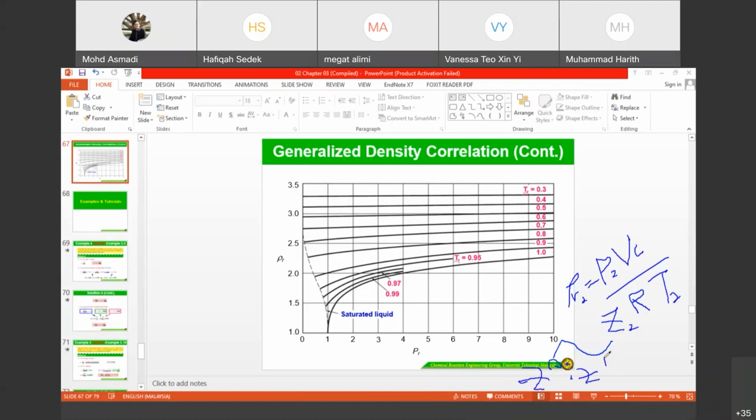And then you can get rho R2 and use the expression V2 divided by V1 equals rho R1 divided by rho R2. V1 you can determine, so you can calculate V2.